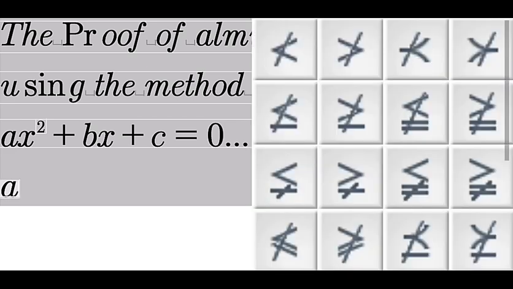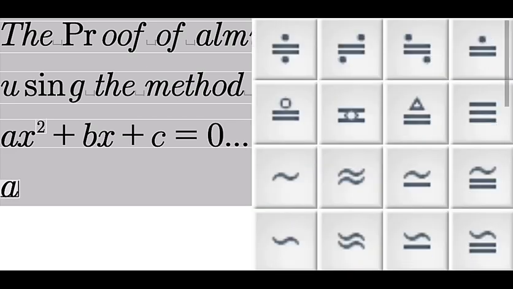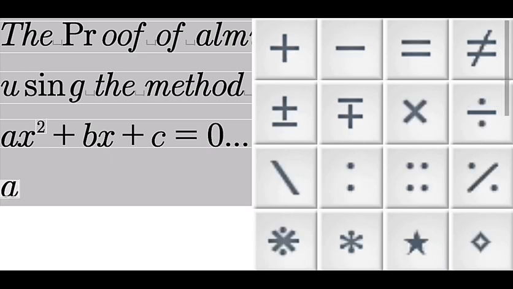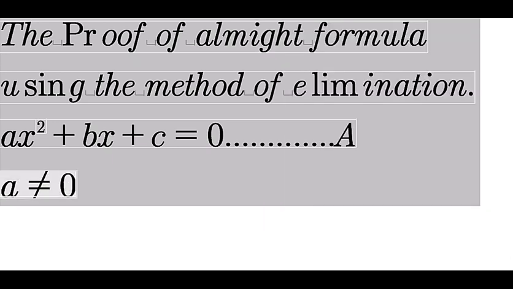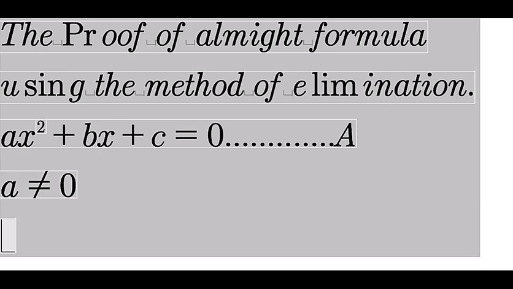Suppose a were equal to 0, then this becomes a linear equation, no more quadratic, because when we substitute 0 in place of a in the original equation A, then 0 times x squared is 0. So what we are left with is bx plus c equals 0, making it a linear or first degree equation. So we have to prove this now.